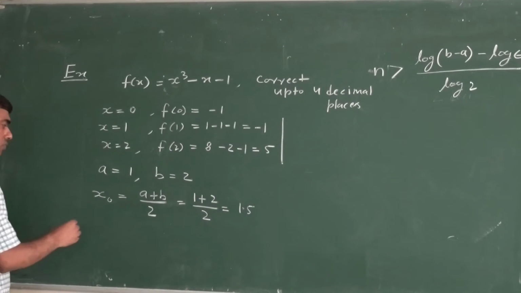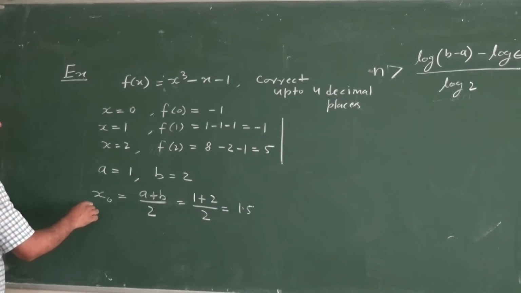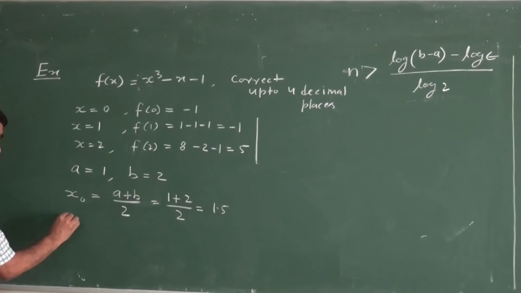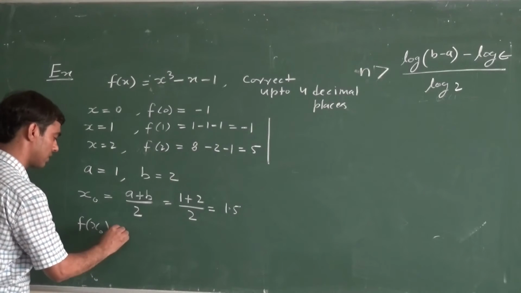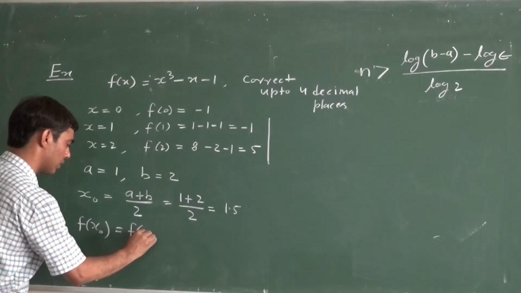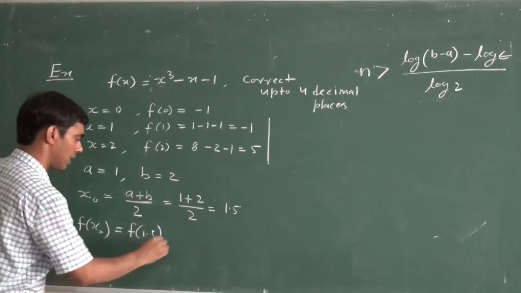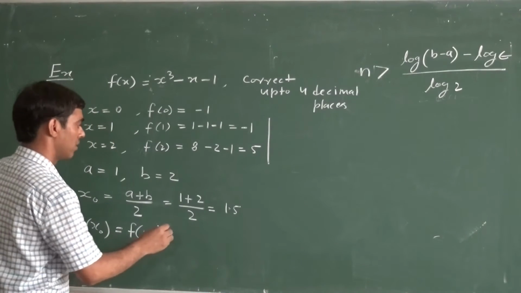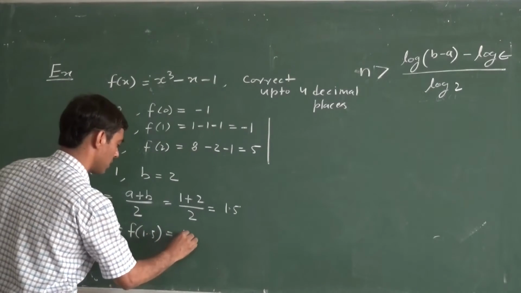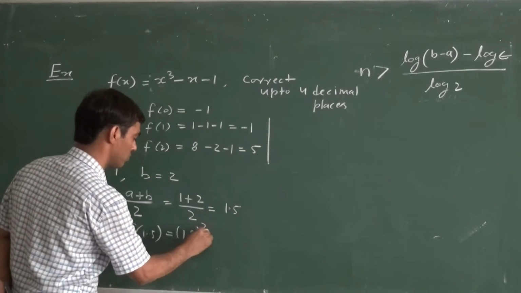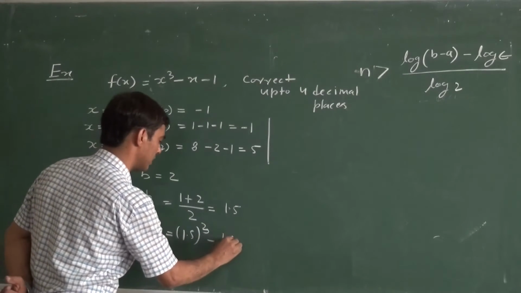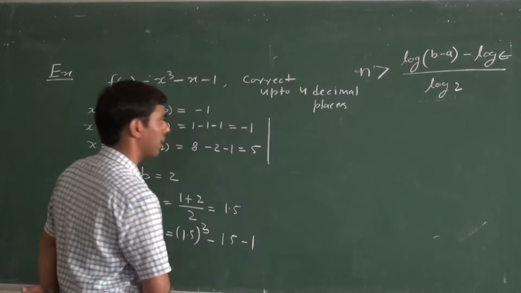Now we try to find the value of the function at 1.5, means f of x0 equals f of 1.5, which is 1.5 cube minus 1.5 minus 1.